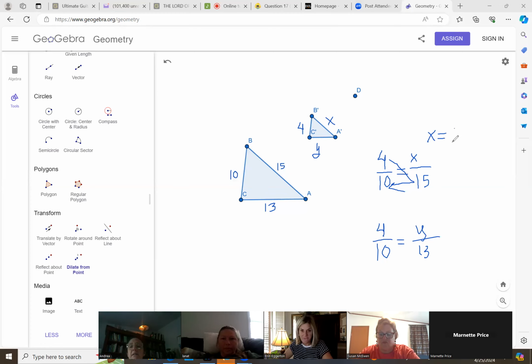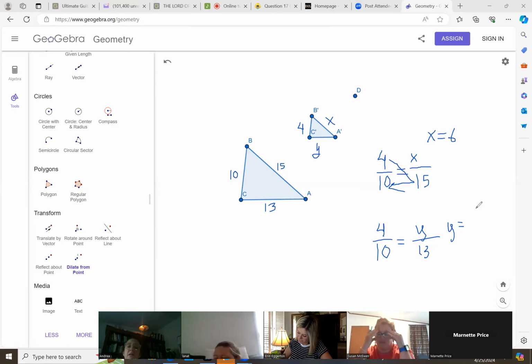And the other one, 4 times 13 divided by 10 gives us 26 over 5. Last night, or Tuesday night, when we did it, we multiplied by 2/5 instead of 4/10. With the simplified version, 2/5 equals Y over 13, you would get the same answer. You just have to simplify. Any other questions about that one?